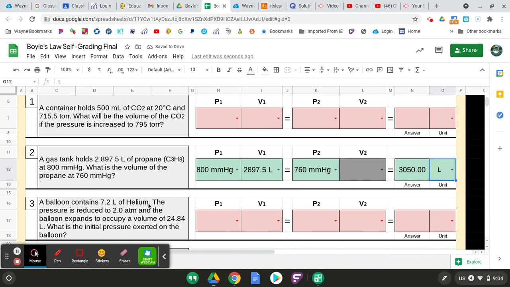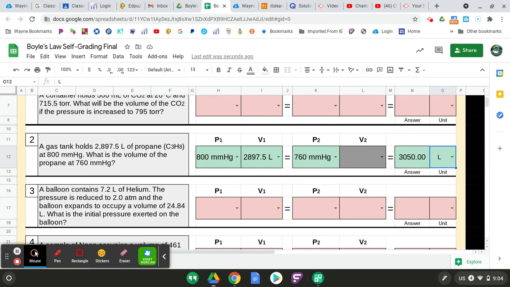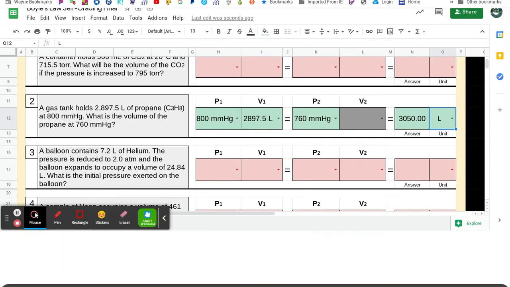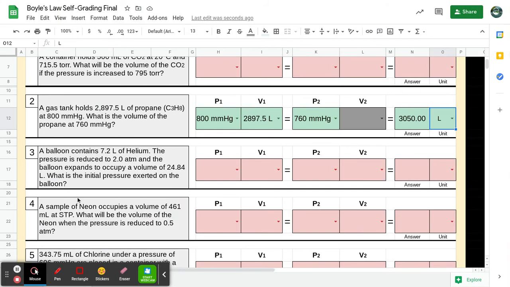Now for number 3, the part that may make this a little difficult is that the first volume is not actually V1. The first volume is V1. The first pressure is not actually P1.